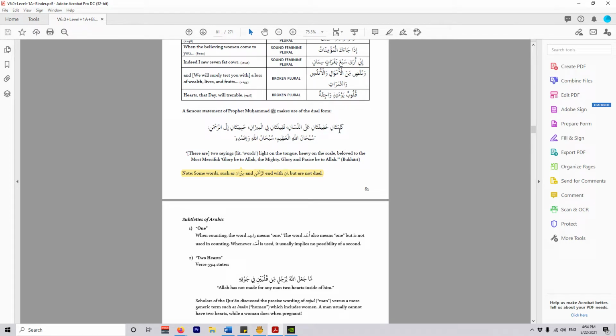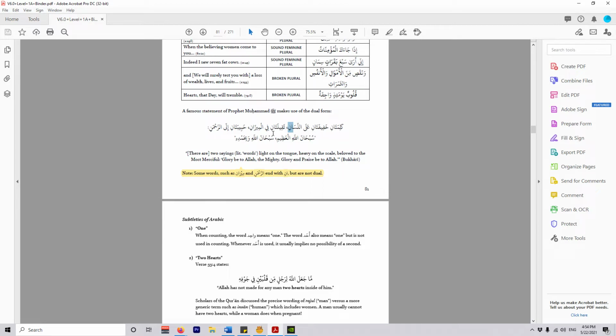So here we have the marfu' suffix ani that shows up kalimatani, khafifatani, and you notice these agree in gender. Ala lisani, that's just, lisan is just the type of word, just like Rahman and Mizan. They're not dual. So the ending ani is not a guarantee that they will be dual. That's just the word lisan.